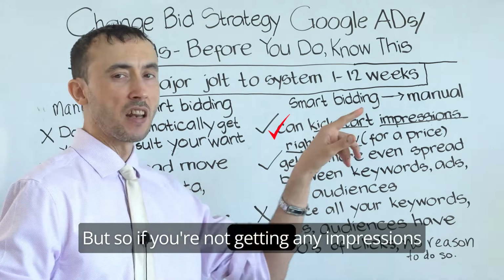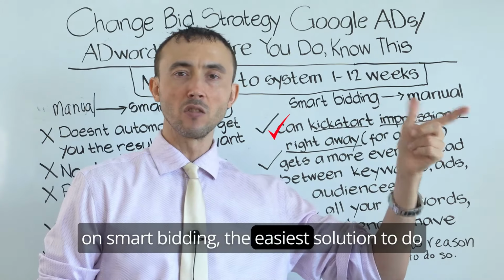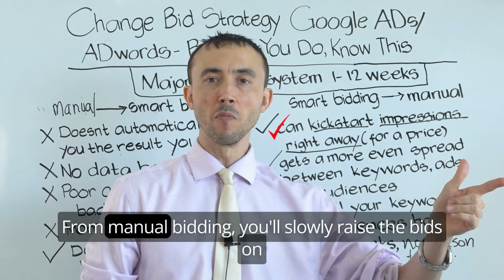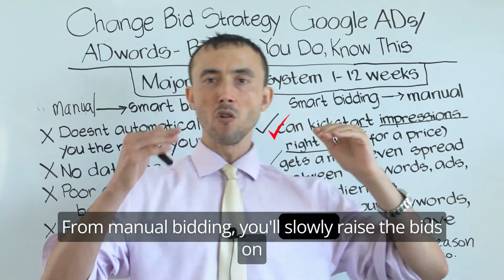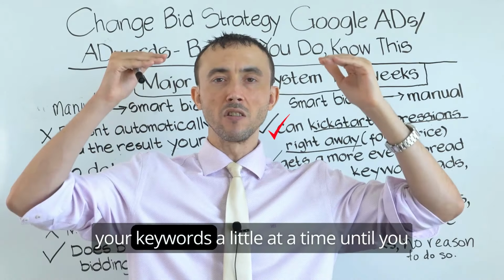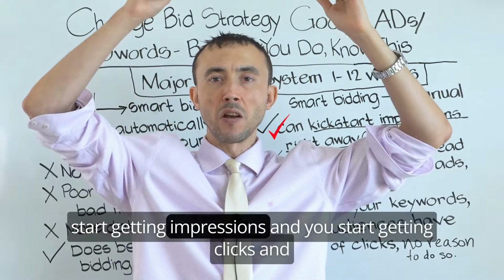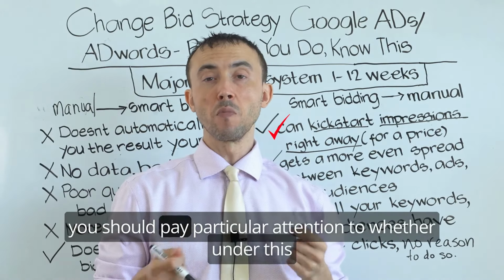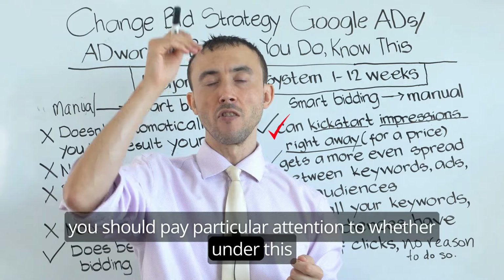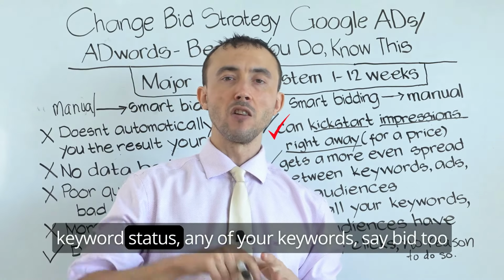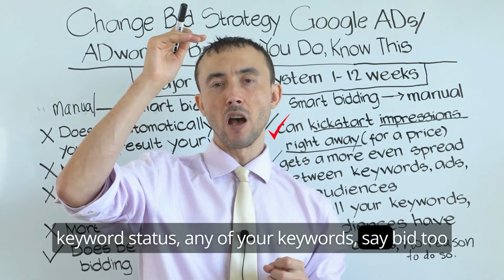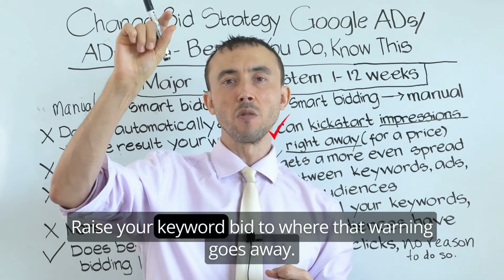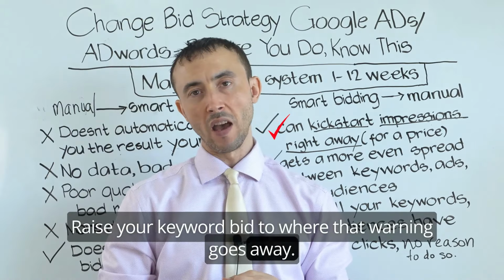If you're not getting any impressions on smart bidding, the easiest solution is to switch to manual bidding. From manual bidding, you'll slowly raise the bids on your keywords a little at a time until you start getting impressions and clicks. You should pay particular attention to whether, under the keyword status, any of your keywords say bid too low for first page, and raise your keyword bid to where that warning goes away.